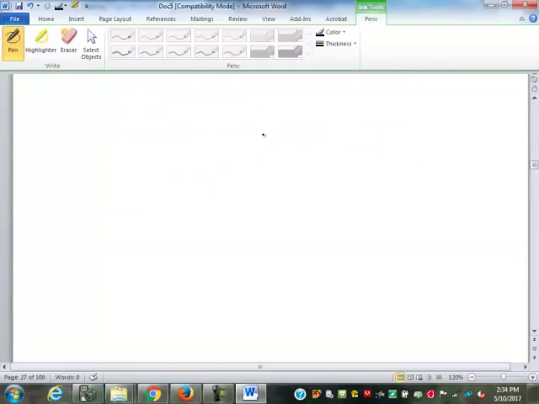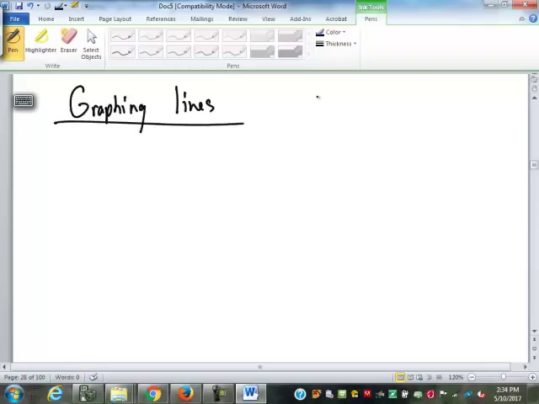Now, the other type of graphing you'll have to be able to do is graphing lines from the slope and the y-intercept. Remember, we have that y equals mx plus b form of an equation.